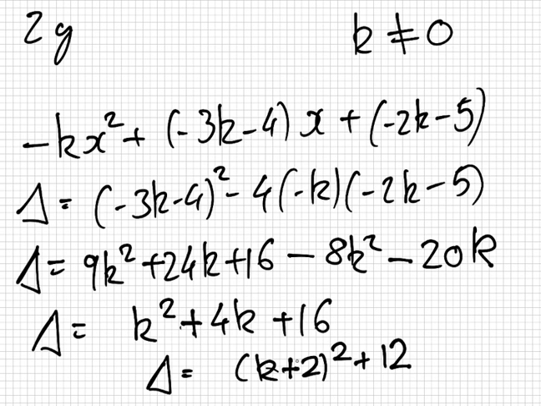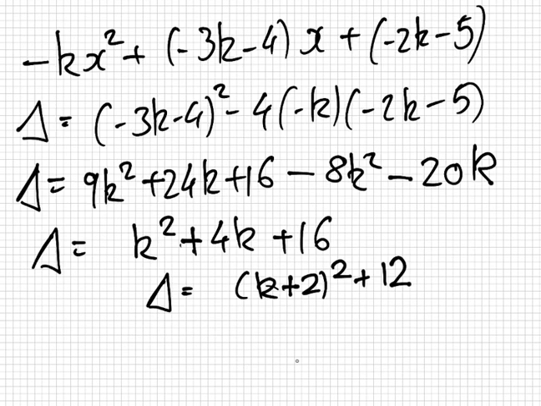Okay. Alright, the next one now. So this time is backwards. Here, I don't know k, and I want to know how many roots there are. In number 3, I know how many roots there are, and I want k. So it's the reverse. So I'll do 3a as an example.